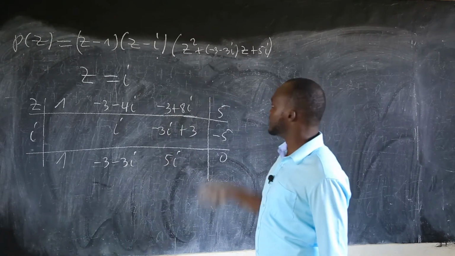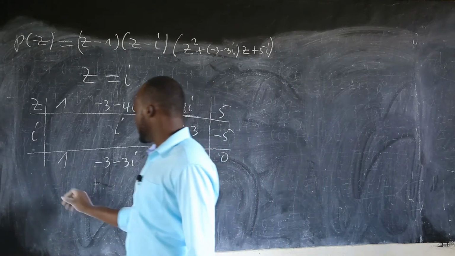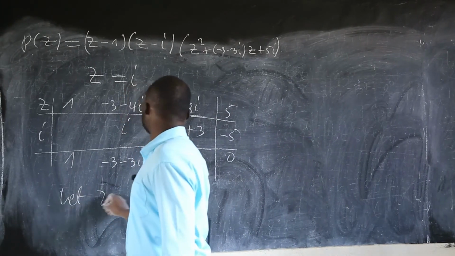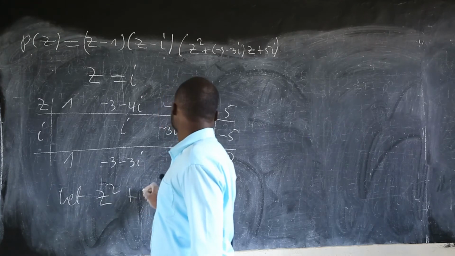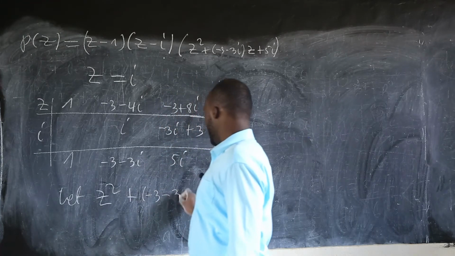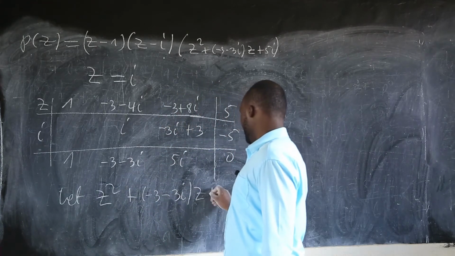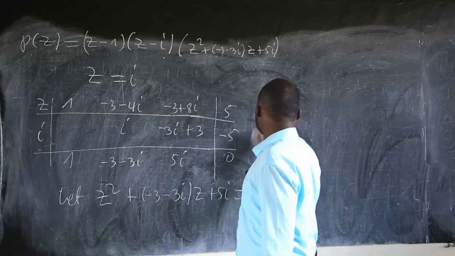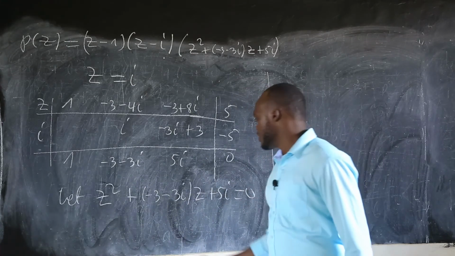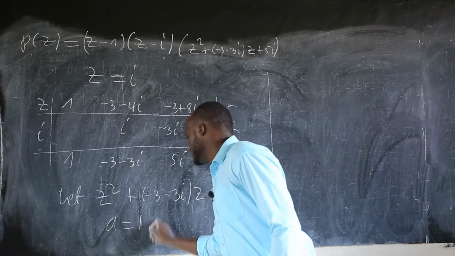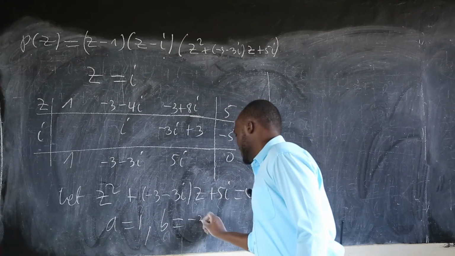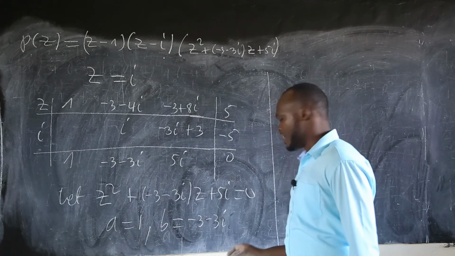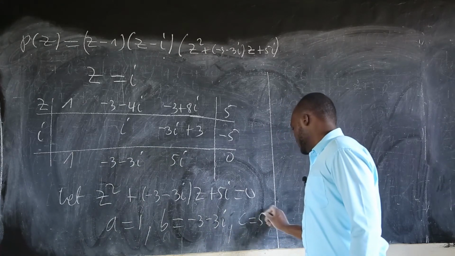It is a quadratic equation. We let z squared plus (negative 3 minus 3i) z plus 5i equal to 0. This is a quadratic equation where A is 1, B is negative 3 minus 3i, and C is 5i.